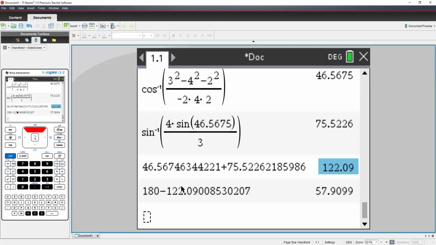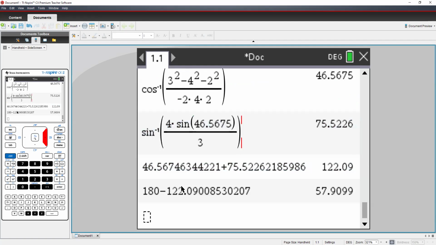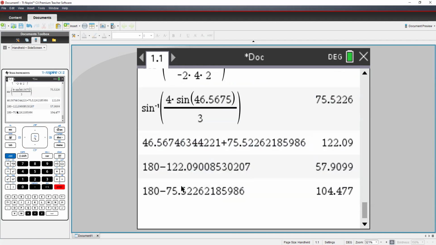So when we got to this point right here, what you have to do with this highlighted number is you actually have to take 180 minus said number, then take that number and add it to what you got as your first angle.